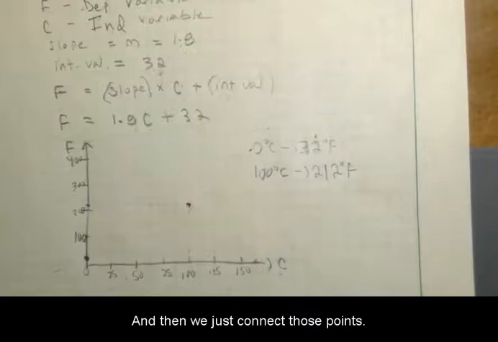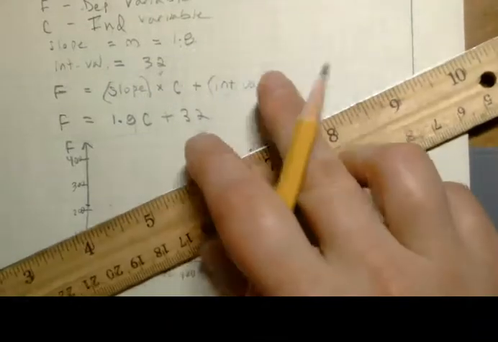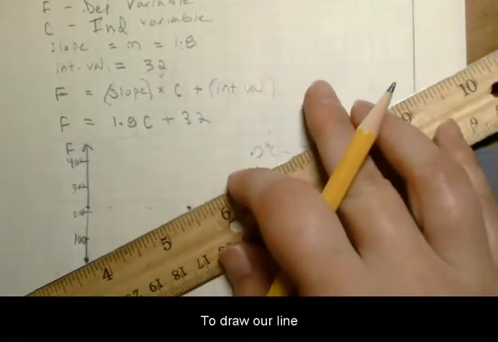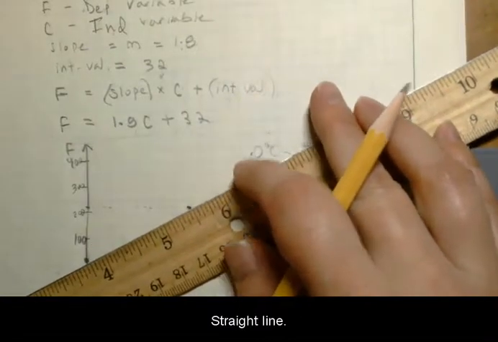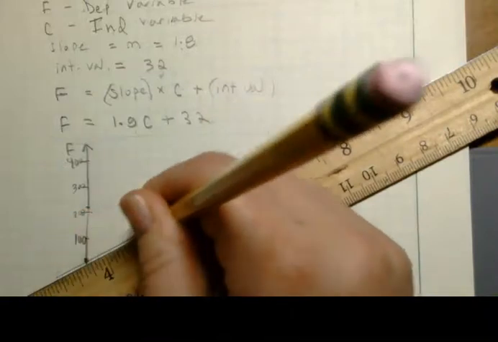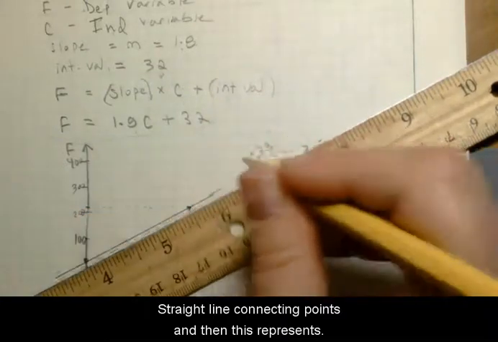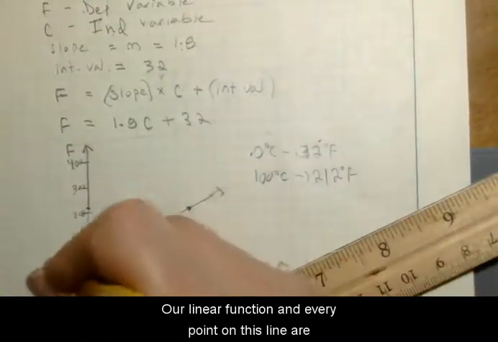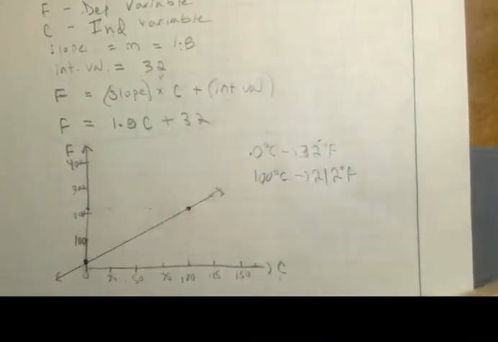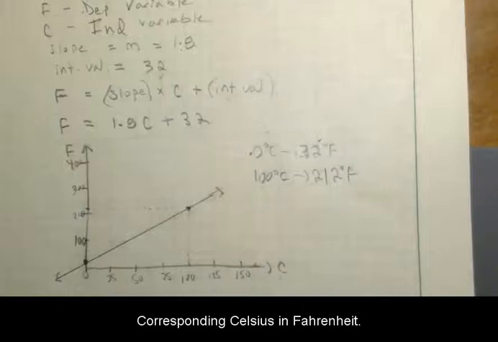And then we just connect those points, you can use a ruler, to draw the line of our formula, our straight line. So here's the straight line that connects those points. This represents our linear function, and every point on this line is a corresponding Celsius and Fahrenheit temperature.